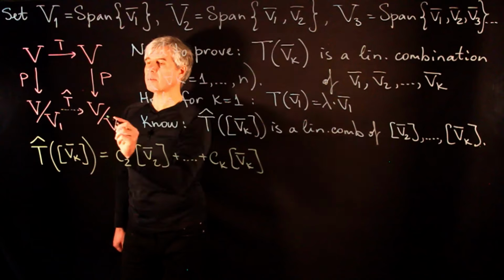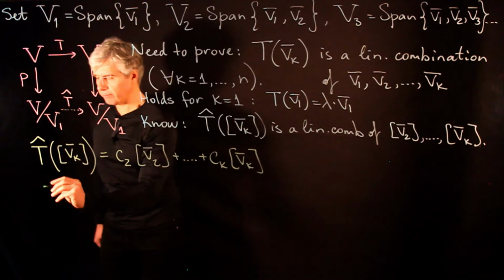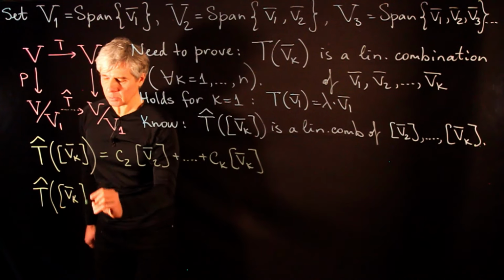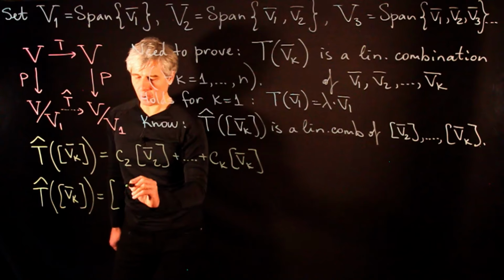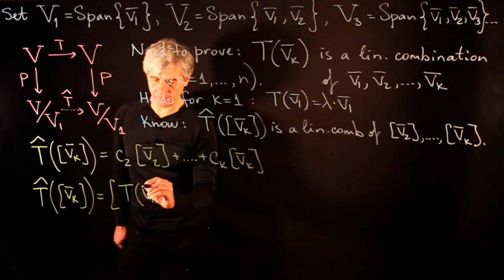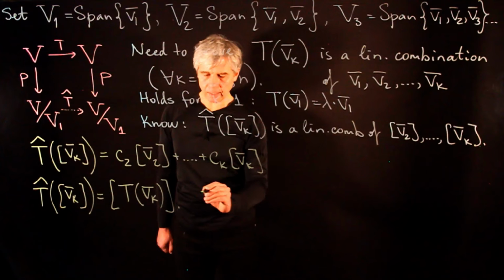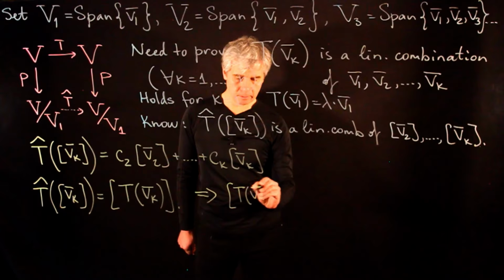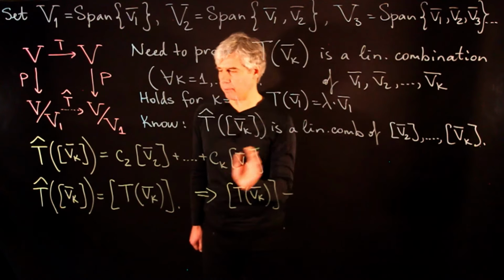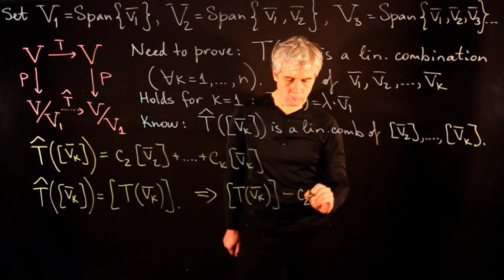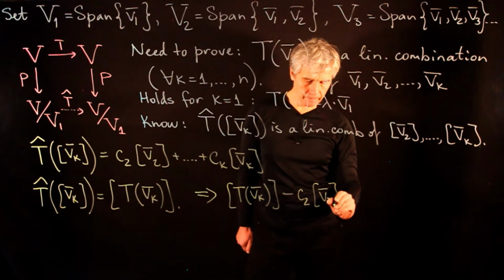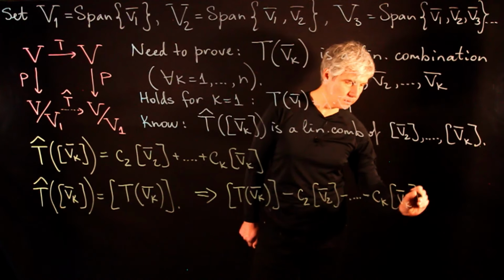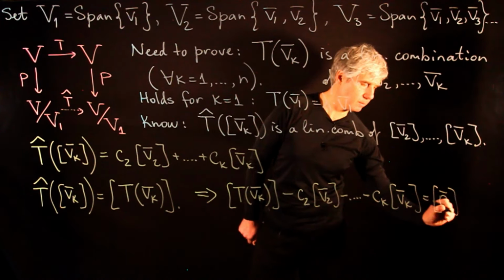But recall our construction of T hat. So how did we define T hat applied to a class of a vector? This was defined as the class of T applied to the vector Vk. And this tells us that the class of T of Vk, and now let us take everything to one side, minus C2, the class of V2, minus Ck, the class of Vk, is equal to the zero class.